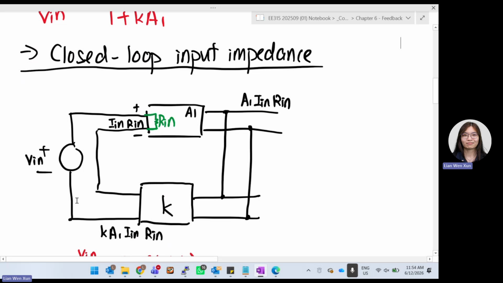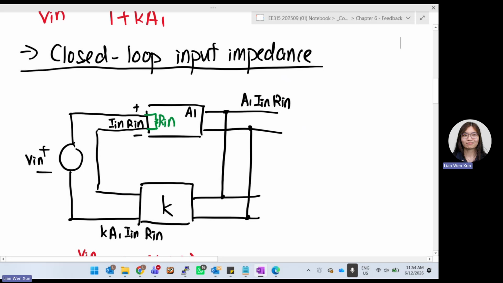We can say that this R in has a voltage of V equals IR, so I in times R in. I in is what we don't know, but that's okay. So we know this part will have a voltage of I in times R in. This voltage times A1 becomes A1 I in R in.